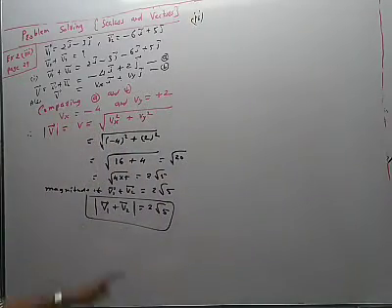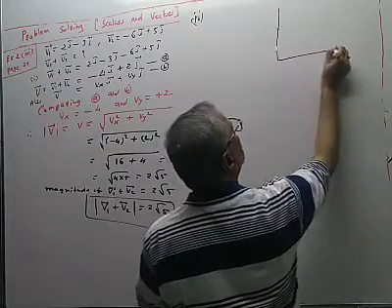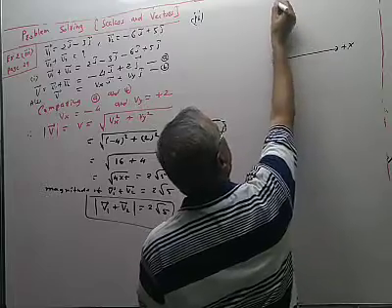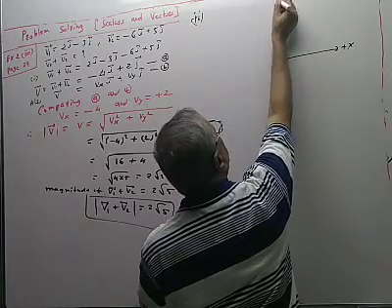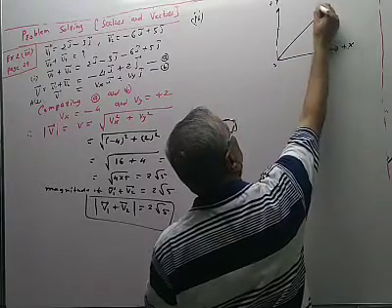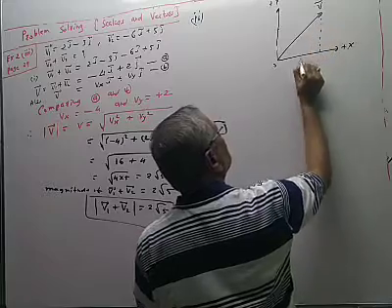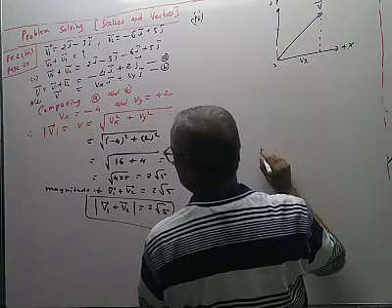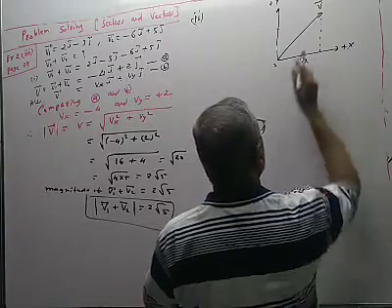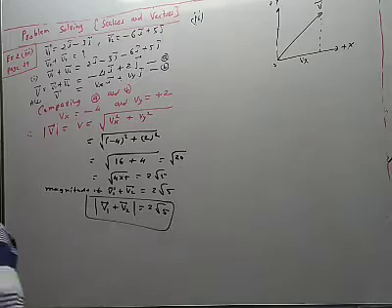So, I will draw the diagram in the best way. Suppose this is x-axis, this is the origin, this is the y-axis. So, if we draw vector V, then if we draw perpendicular, this is Vx. Vx is equal to minus 4. Sorry, this vector is in the second quadrant.